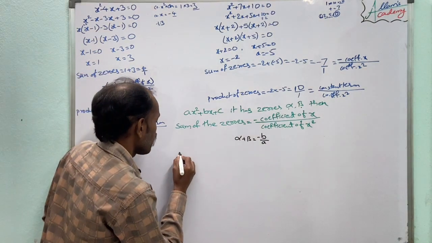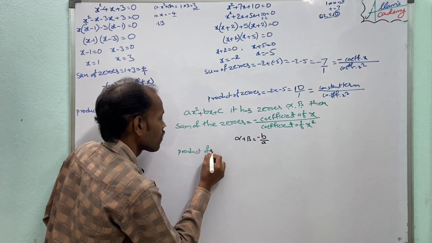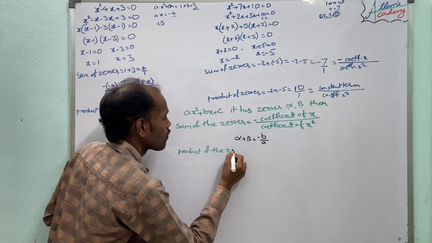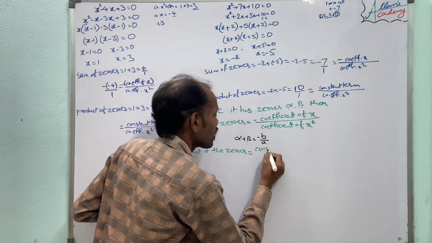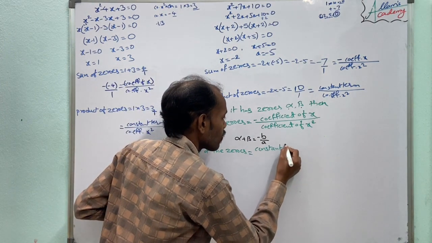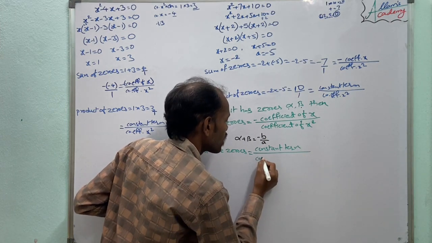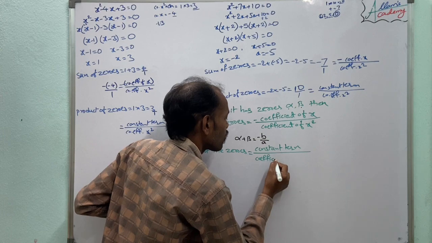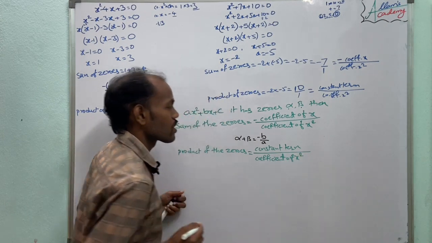Next, product of the zeros equal to constant term by coefficient of x square.